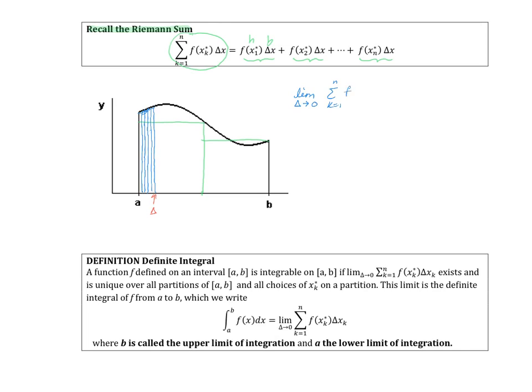Again, all that means is that we're filling in our area, and we're approximating our area with these very, very skinny rectangles. So it's going to be an accurate approximation.